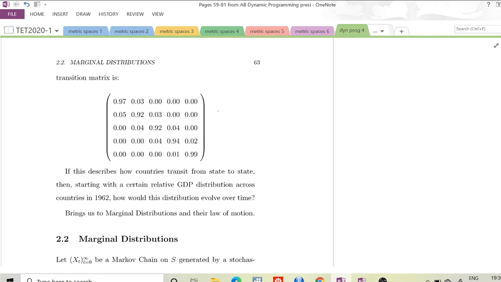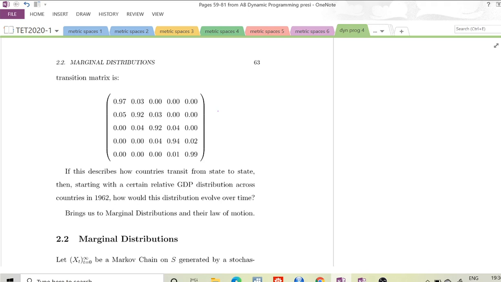It shows twin peaks. So there's going to be lots of probability that a country is quite poor, lots of probability that a country is quite rich, and very little probability that a country lies in the middle. Okay?